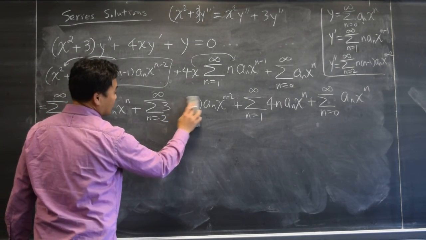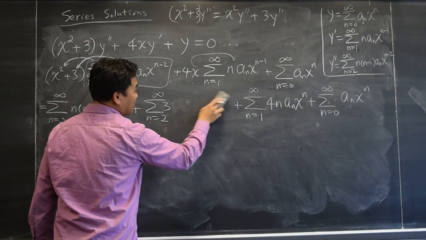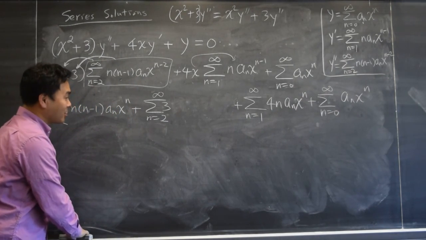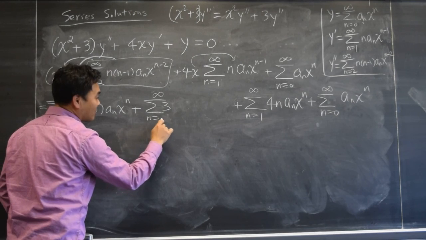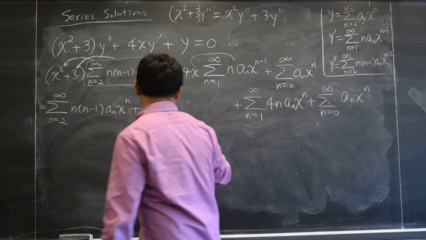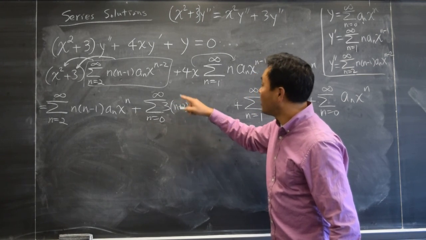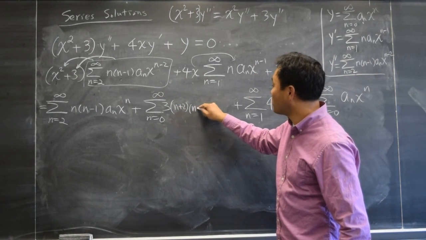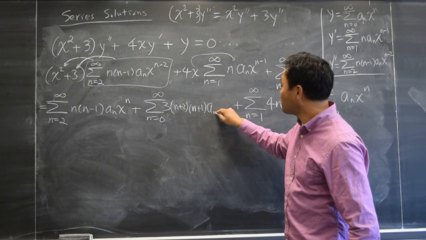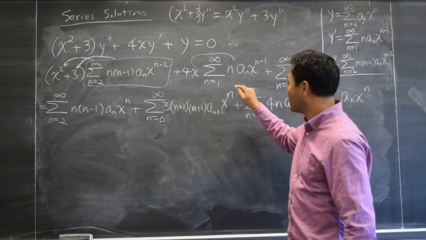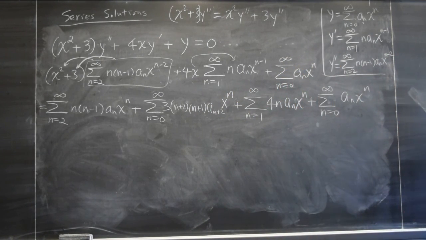I'm becoming lazy, I don't want to write everything again, so I'll just replace it. It should be (n plus 2)(n plus 2 minus 1), which is n plus 1, times a n plus 2, x to the n. That's what you're going to get after shifting.